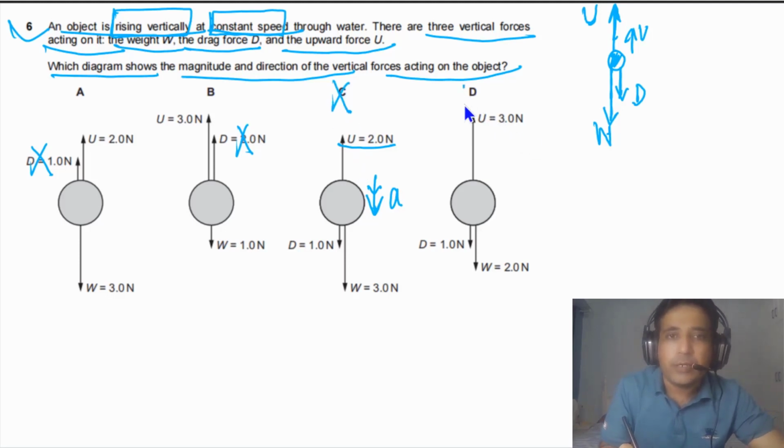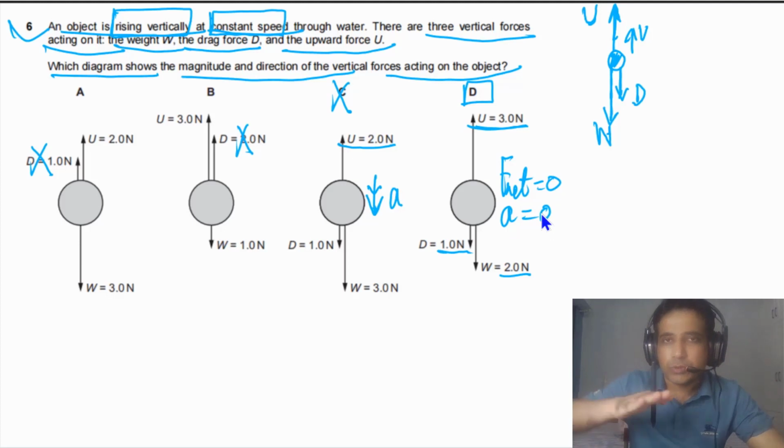The answer for this question is D, because we have upward force of 3 newtons and downward force also equal to 3 newtons, because 1 newton plus 2 newtons is 3 newtons. So F net is equal to 0, and acceleration is also equal to 0. So this object is moving at constant speed and is rising vertically upwards. So the answer for this question is D.